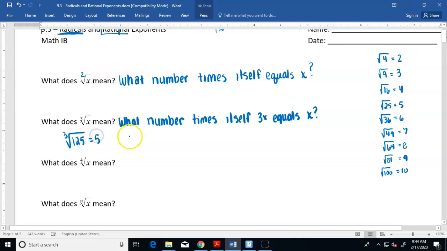It equals 5 because 5 times 5 times 5, or 5 to the third power, gives us 125.